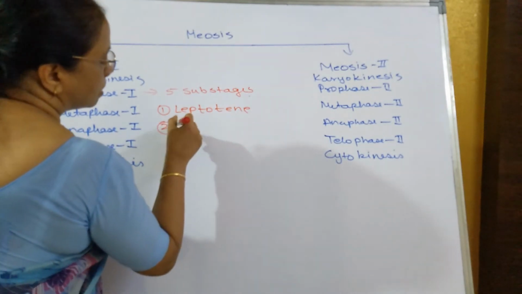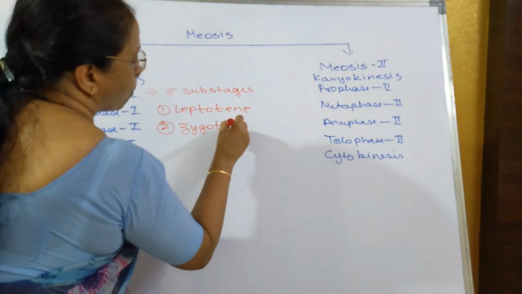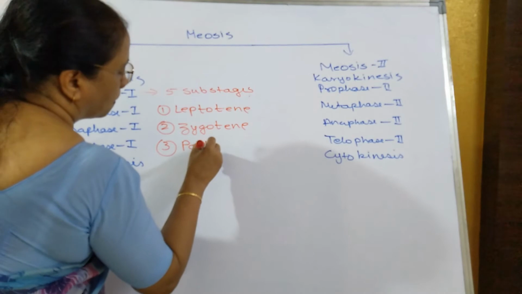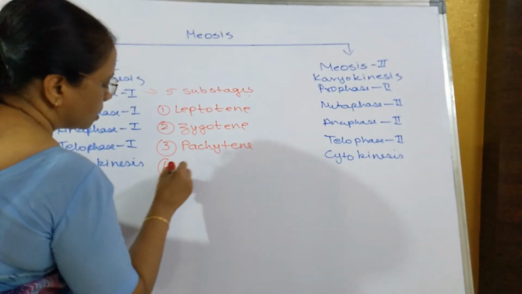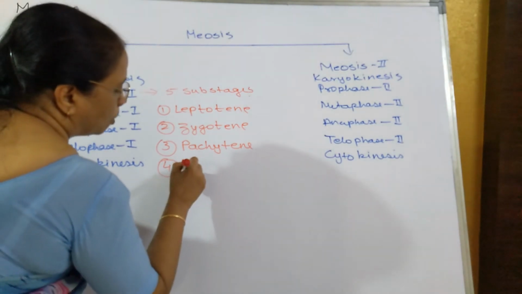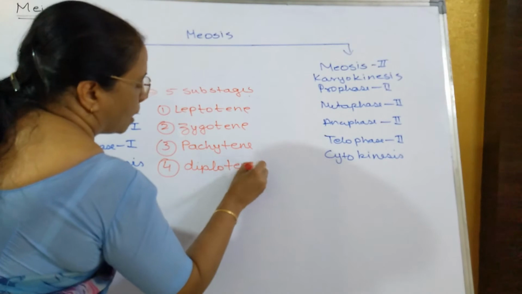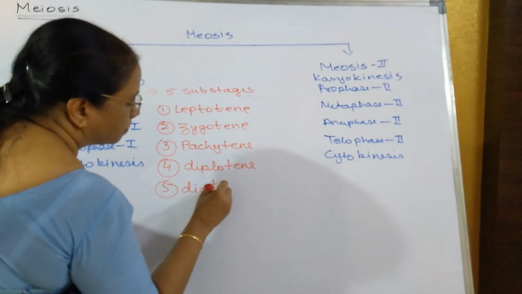Second one is zygotene. Third one is pachytene. Fourth one is diplotene. And the last one is diakinesis.